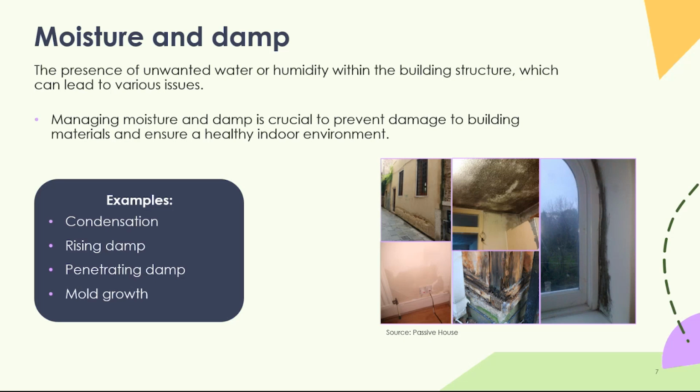So if there's driving rain against an exposed elevation on a cavity wall, for example, and you've got cavity wall insulation in there already, it might have bridged through and let that moisture come into the inner leaf of that cavity wall, and you might end up with something looking maybe vaguely like that bottom left photo, where it's come sideways through the wall into the building and caused damp and mold issues.